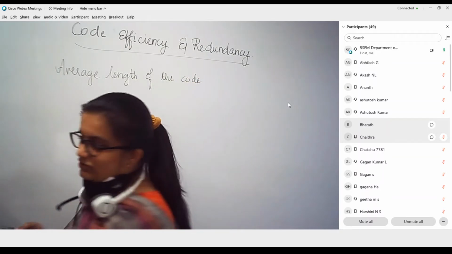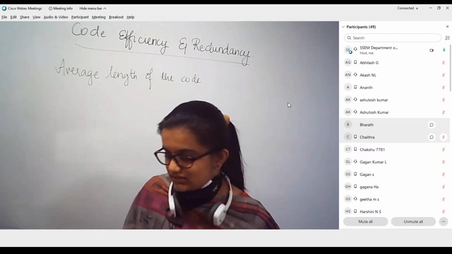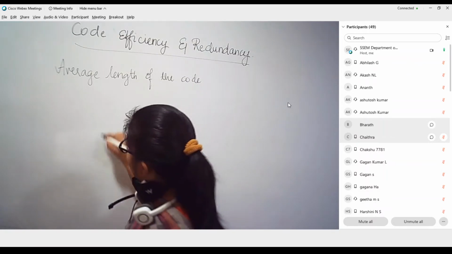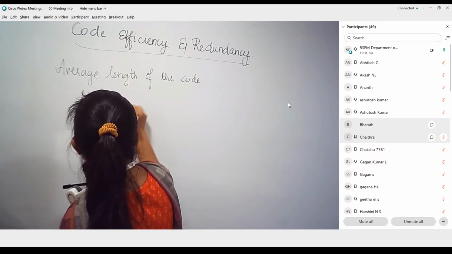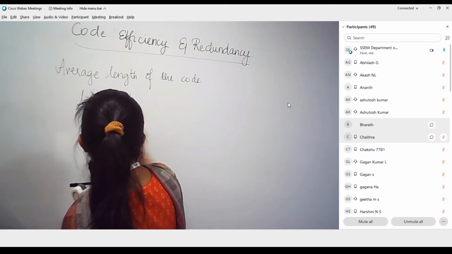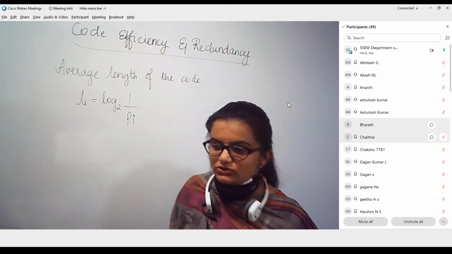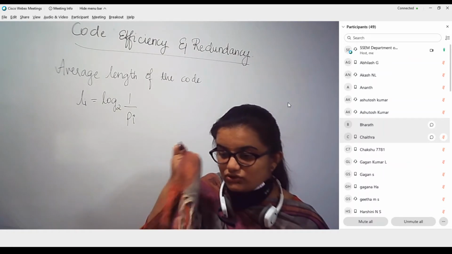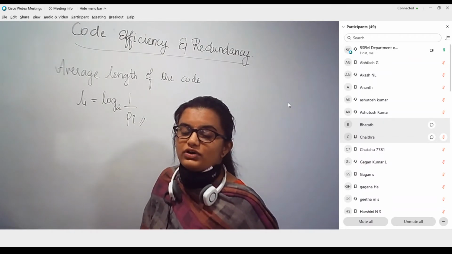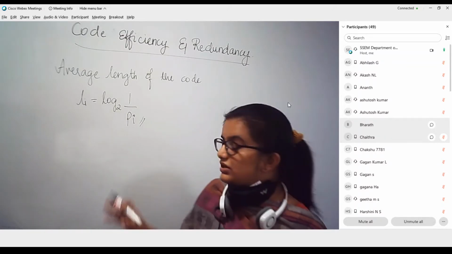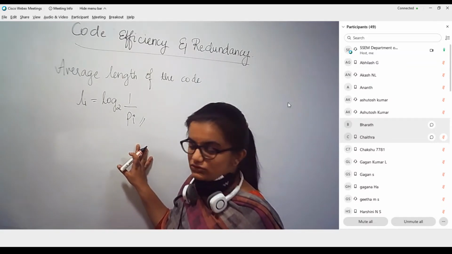Whenever we calculate Li, the length that is assigned, it always depends on the probability of the symbol existence. That is, Li is equal to log base 2 of 1 over Pi. This is the normal standard way of finding the length of a particular symbol emitted out of the source.